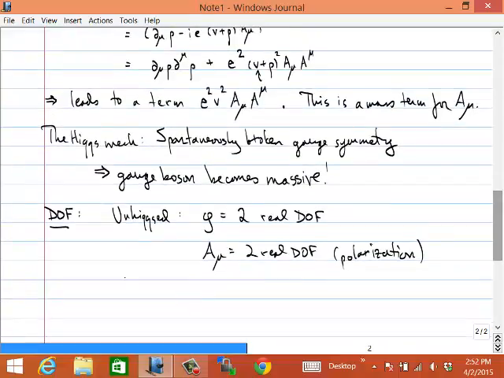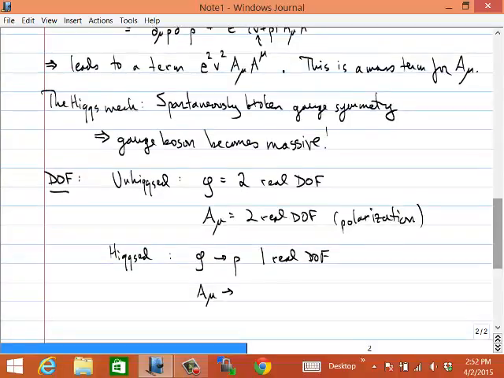However, in the Higgs phase, if you use this unitary gauge, then phi is reduced to 1 real degree of freedom, which we called rho. But A is now a massive gauge boson, so it no longer has the full gauge symmetry, which required us to throw out the longitudinal polarization of the photon.